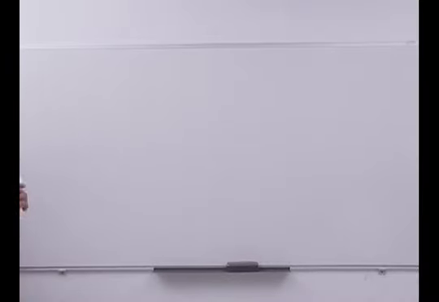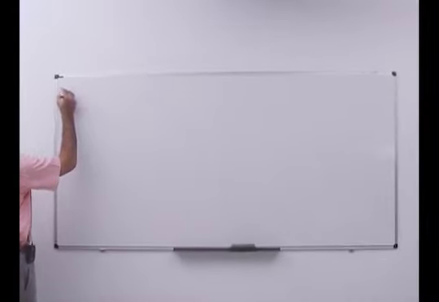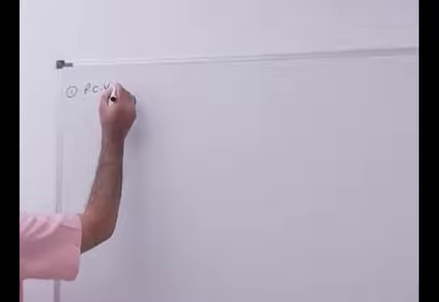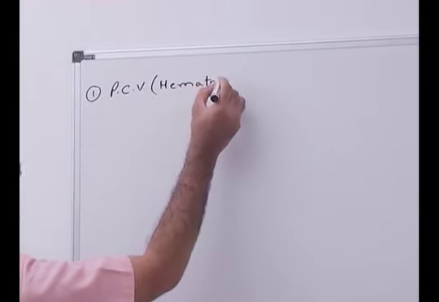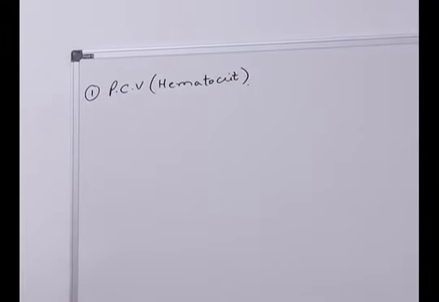The important medical terms which you are supposed to know are: number one, you should know what is meant by packed cell volume, or it is also called hematocrit. You should be clear what it is after the lecture.